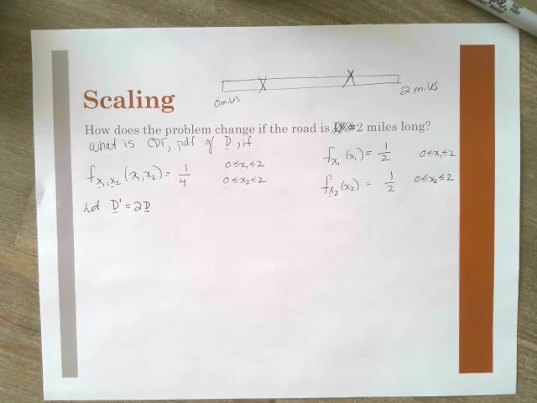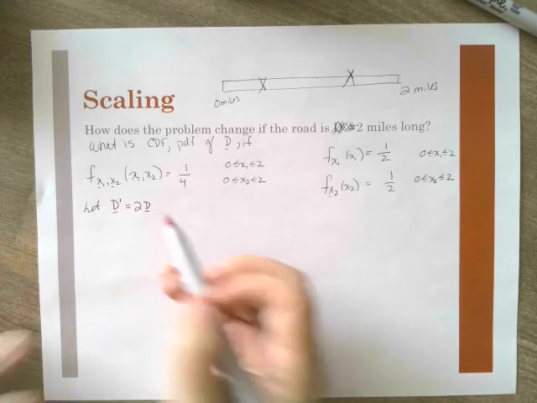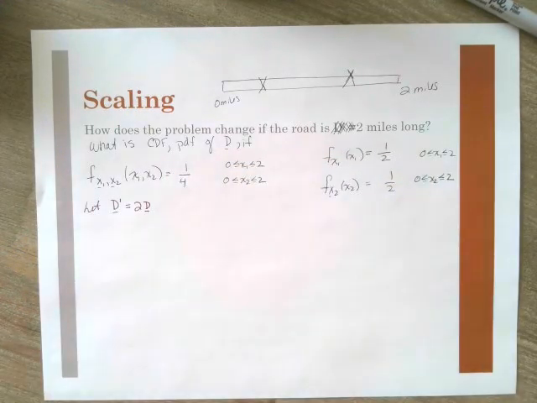So remember that d from the previous slide was defined to be the distance between the accident and the ambulance, and we know that the values of that random variable were 0 to 1. So now d prime is just 2 times d. It could just be twice as long, right?